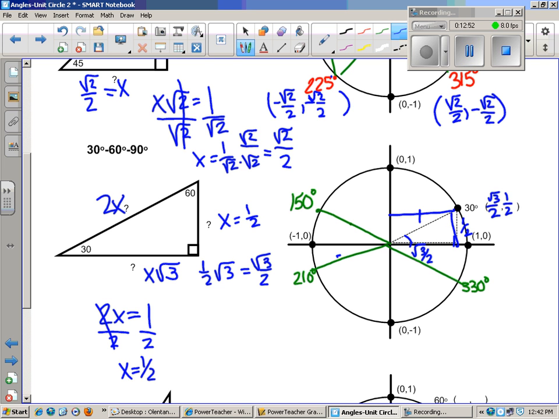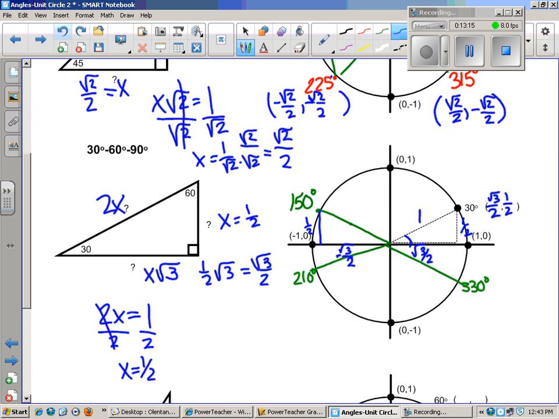It's 1/2 here, so it must be 1/2 here, right? Okay? All right, so this one is also 1/2, the distance, and this is also the distance of square root of 3 over 2. Okay?